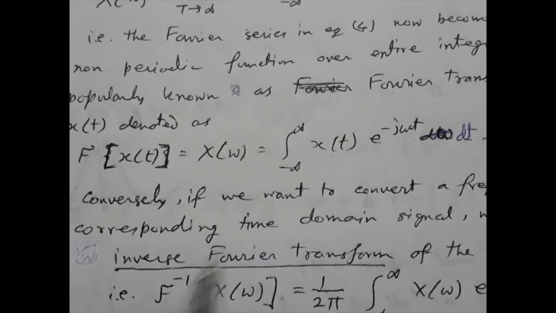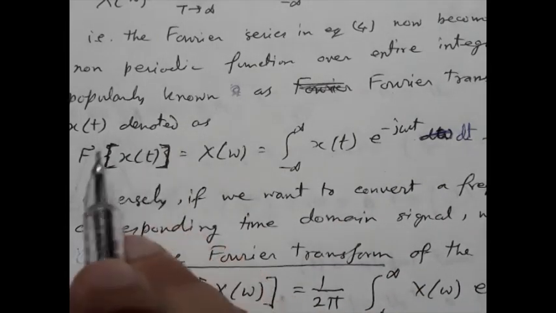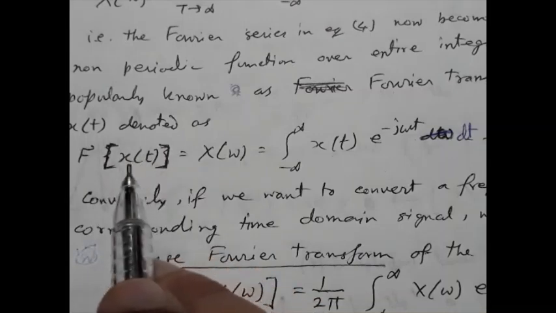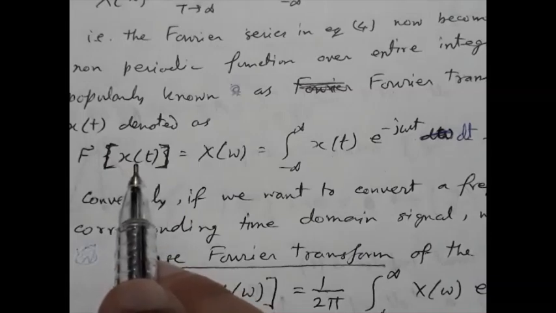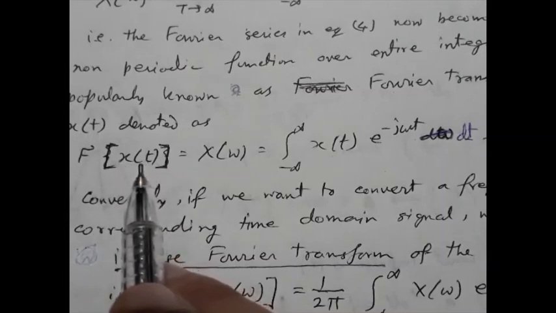Now we will consider the Fourier transform. If x(t) is not a periodic signal, then instead of expressing this x(t) in terms of Fourier series, we have to express it in terms of Fourier transform. We can use Fourier transform if x(t) is time limited.